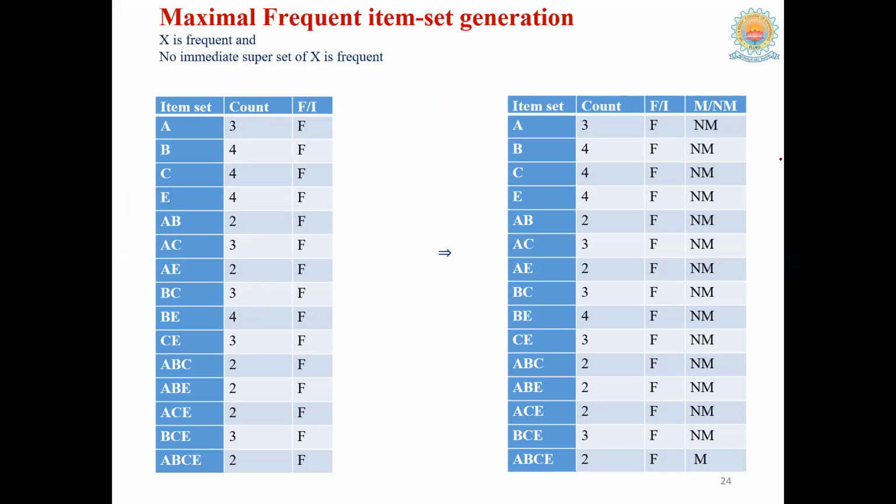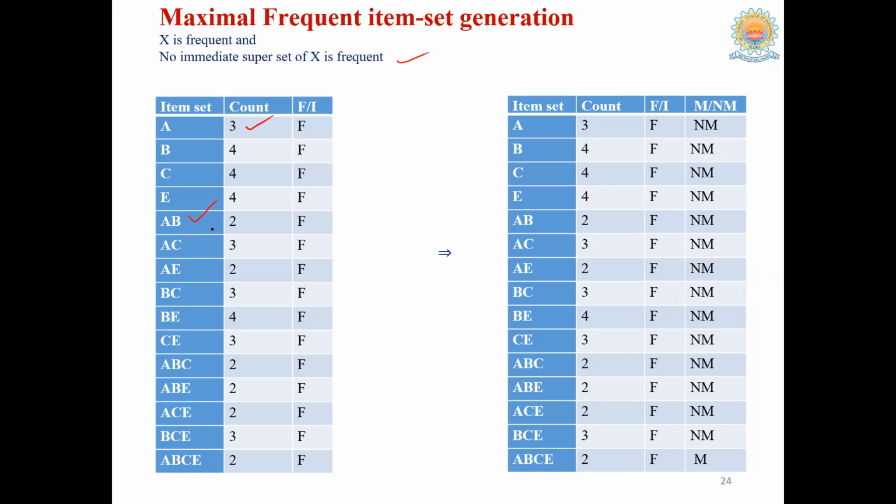And here is the maximal frequent item set. What's the condition here? No immediate superset of X is frequent. So to decide whether the given item set is maximal frequent or not, our task is to find the immediate supersets of X. Suppose this is our X. What are the immediate supersets?